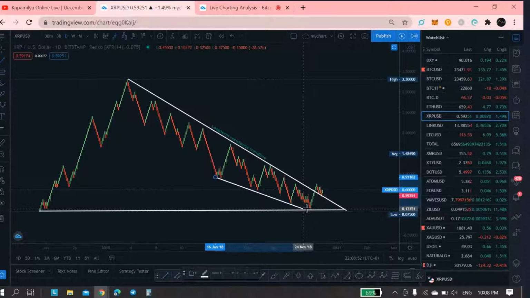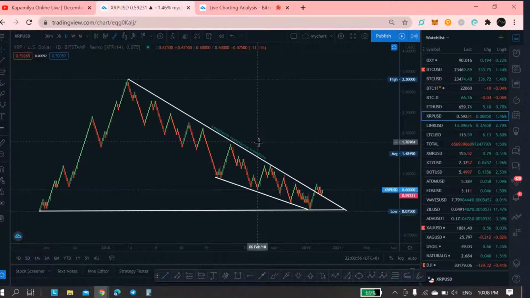Aside from that, it broke the long-term resistance area, and though it's currently retesting that, it's still holding on that area. So I think this is really a strong support area.